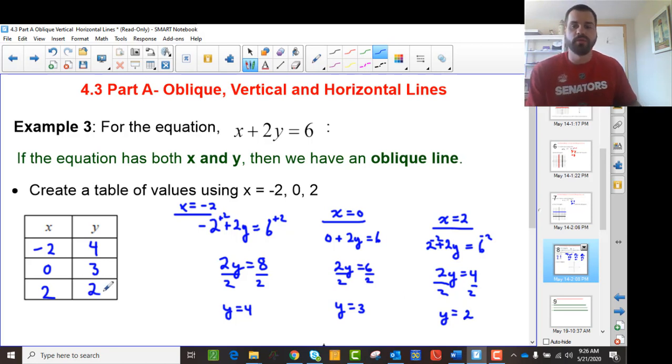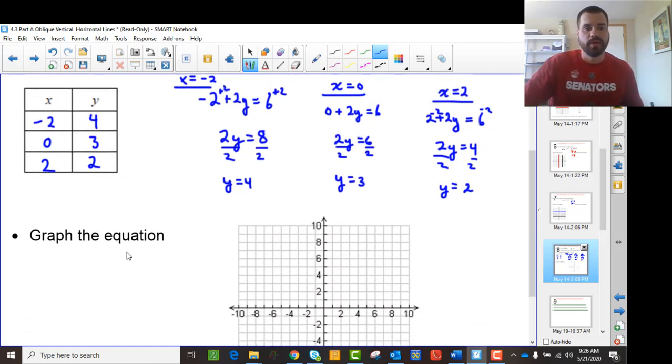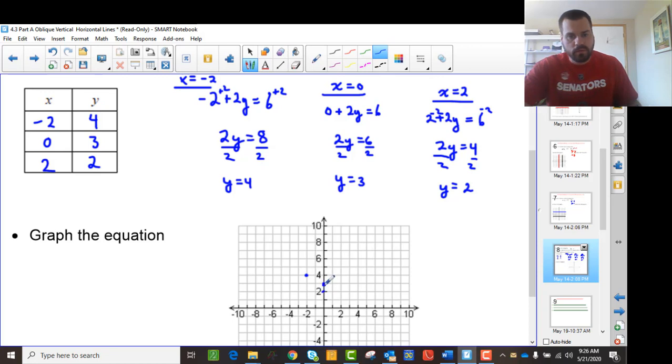Okay, and then what you would do to graph the equation is we plot those points. So at -2, we are at 4. Okay, at 0, we're at 3. So we're here. And then at 2, we're at 2, which is here. And then we draw a line. And again, be careful with this.